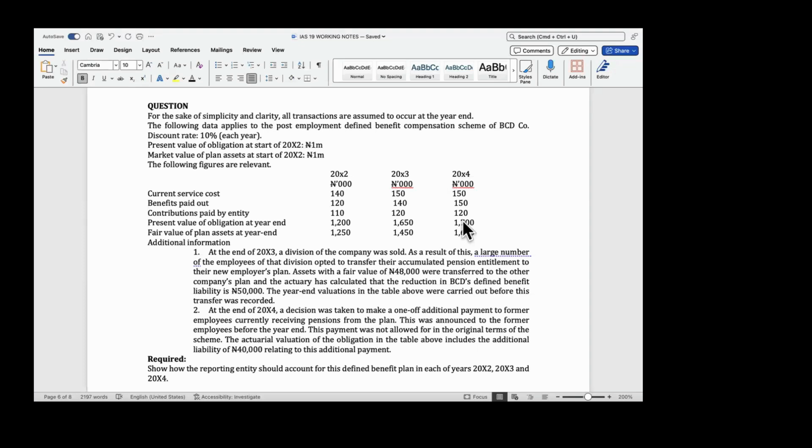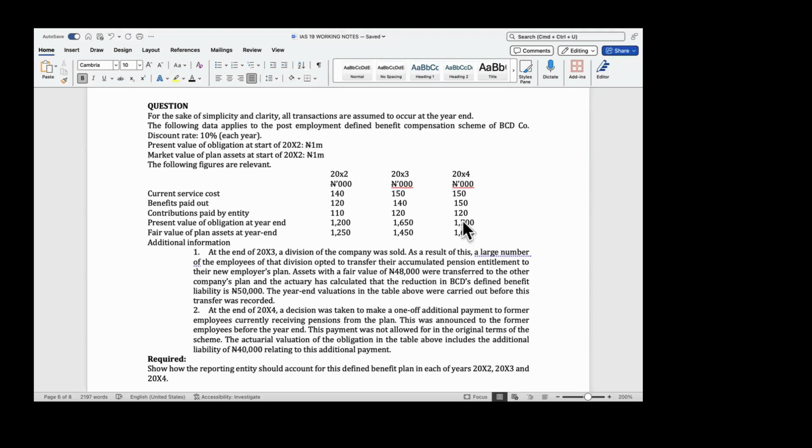Assets with a fair value of 48,000 were transferred to the other company's plan, and the actuary has calculated that the reduction in BCD's defined benefit liability is 50 million. The year-end valuations in the table above were carried out before this transfer was recorded.